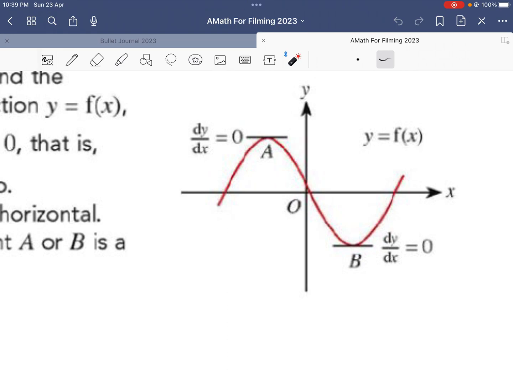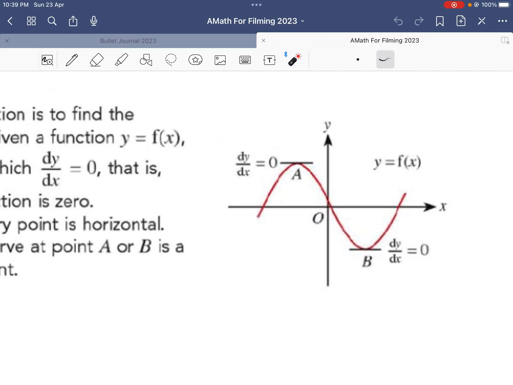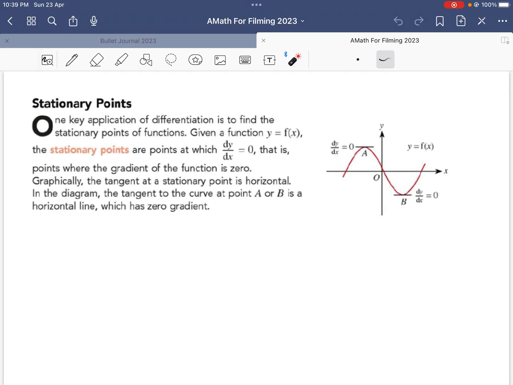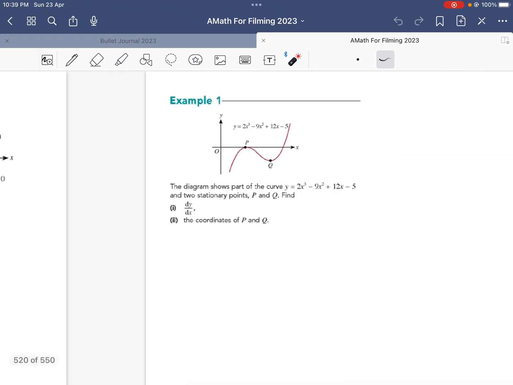Later on in the chapter, we also find a third kind of stationary point called a point of inflection. But never mind, once I show you some examples, I will show you the point of inflection later on. So the very first concept that we learned is that stationary points have 0 gradient. Take note of this. This is the important concept going into the first example.